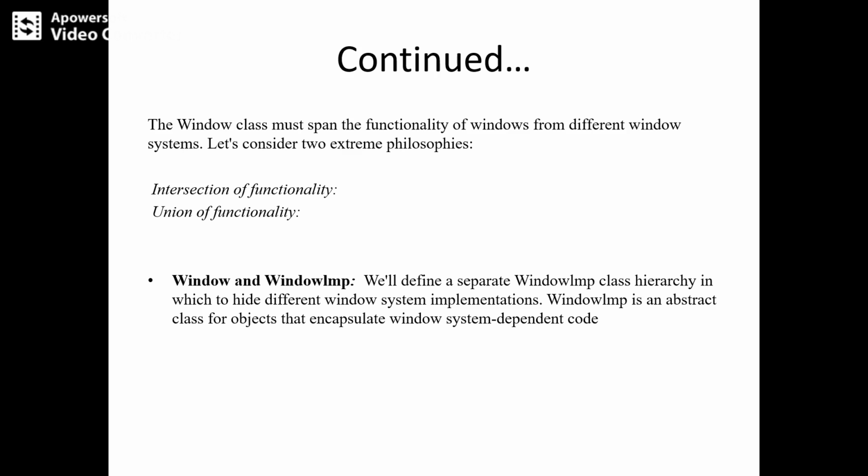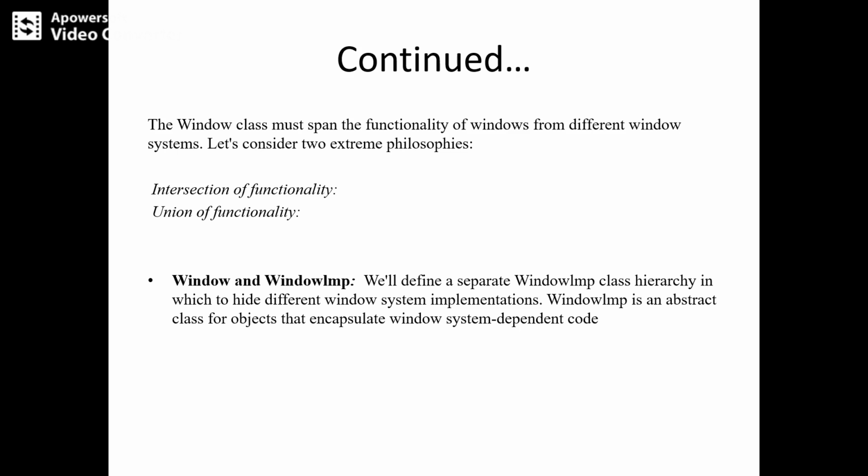Let us consider two extreme philosophies. One is the intersection of functionality, the other is the union of functionality. In the intersection of functionality, the window class interface provides only functionality that is common to all window systems.